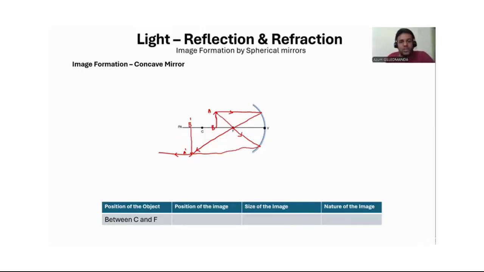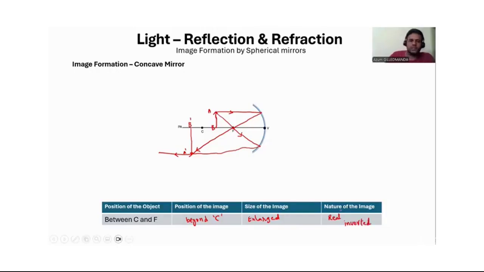It is enlarged. And what is the nature of the image? It is real and inverted. So the position of the image is beyond C, and the size is enlarged. We are seeing a magnified image when the object is between C and F. The nature of the image is real because it is forming on the same side, and it is also inverted.